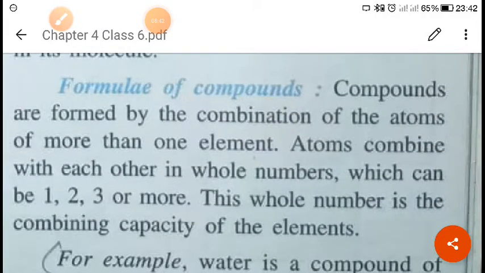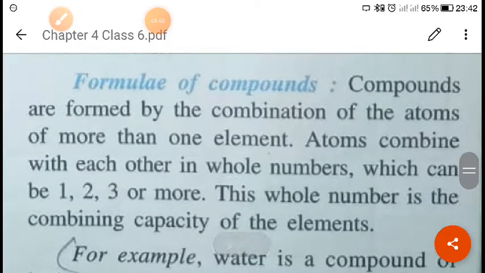Now next is the formula of a compound. When we discuss this, I will explain it in very simple words. What we have seen is that compounds are formed by the combination of two or more elements. Two or more elements combine together to form a compound.